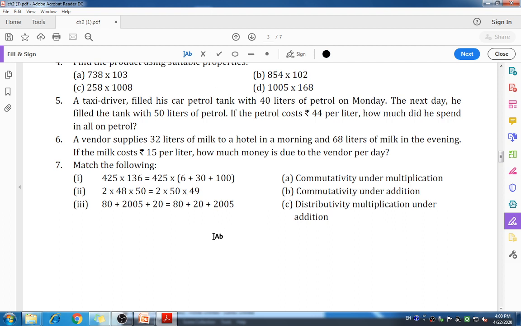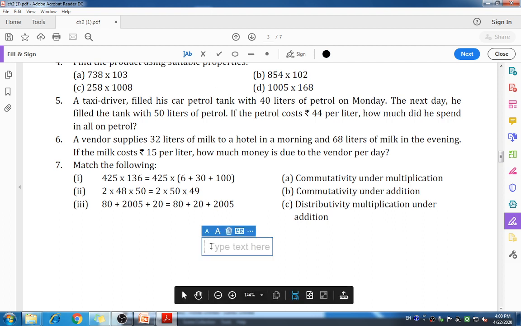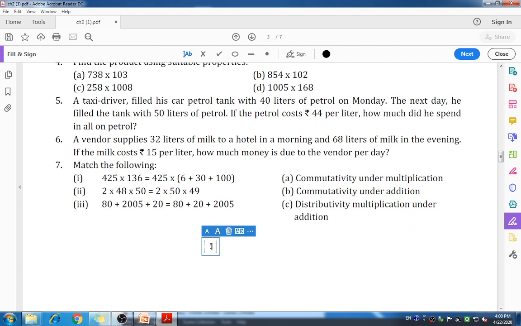Or instead we can write the answer here also. So for the first, my answer will be C. Okay, what will be the answer of the second equation? 2 into 48 into 50 is equal to 2 into 50 into 49.